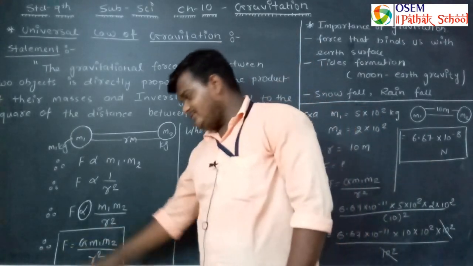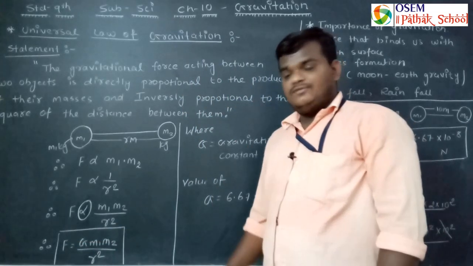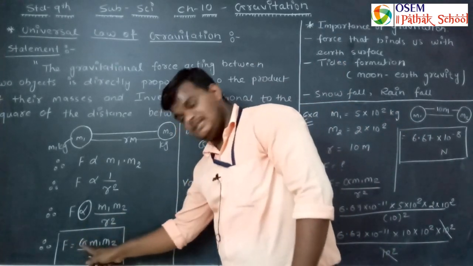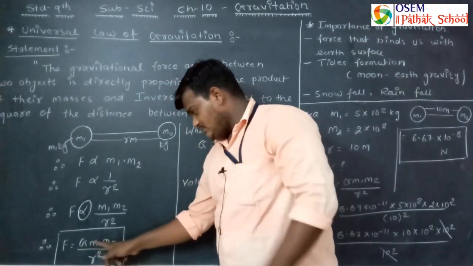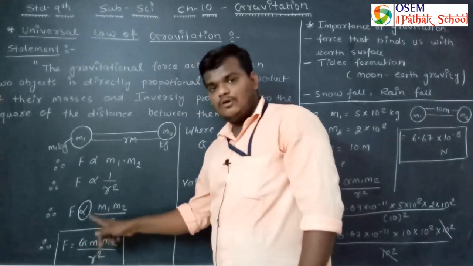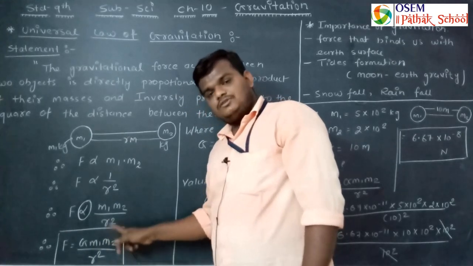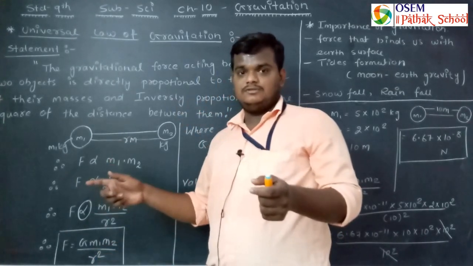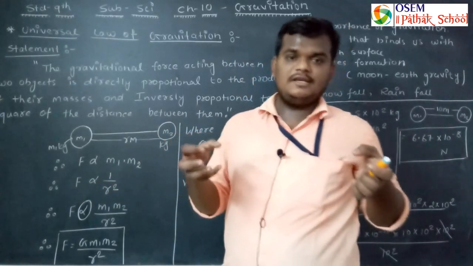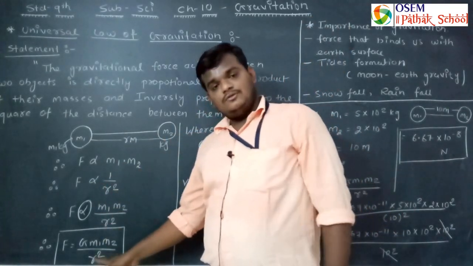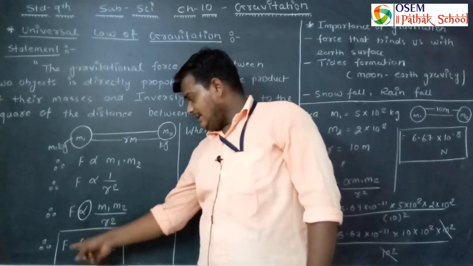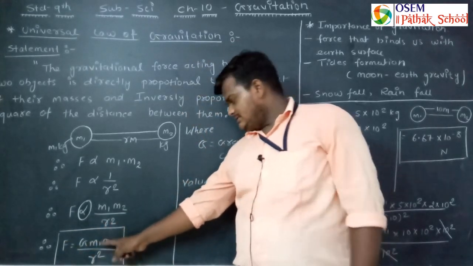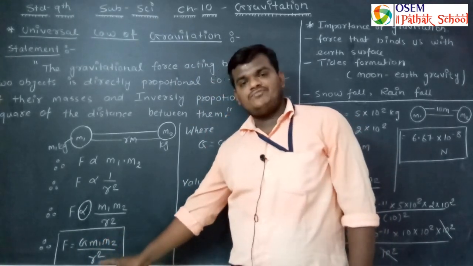So the final equation of the gravitational force will be F is equal to G, capital G, mass of object 1 or ball 1, mass of object 2, divided by distance square of that object. जो दोनों के बीच का डिस्टेंस है, दो बॉल के बीच का, उसके स्क्वायर का उसको डिवाइड कर देना है.